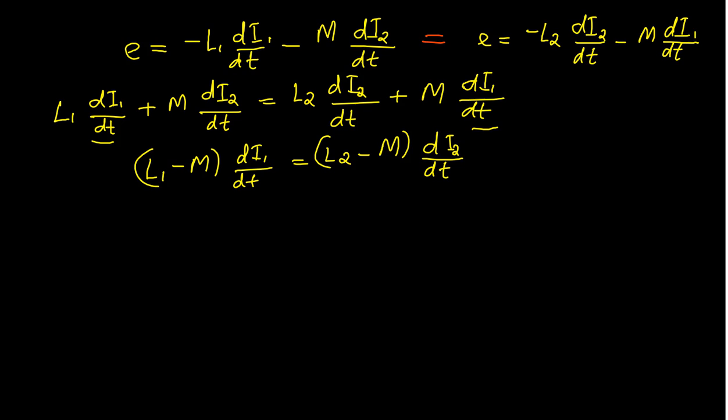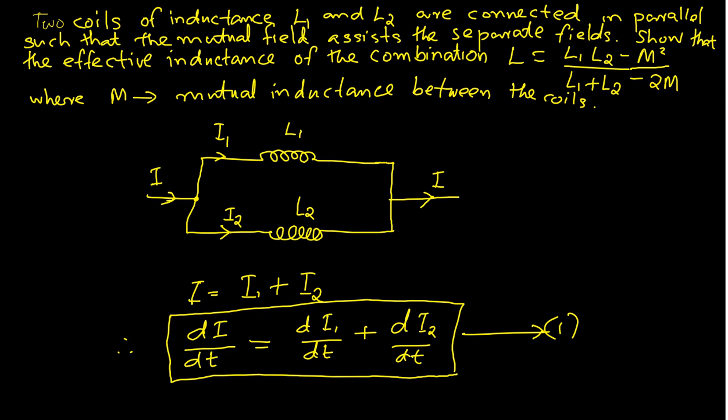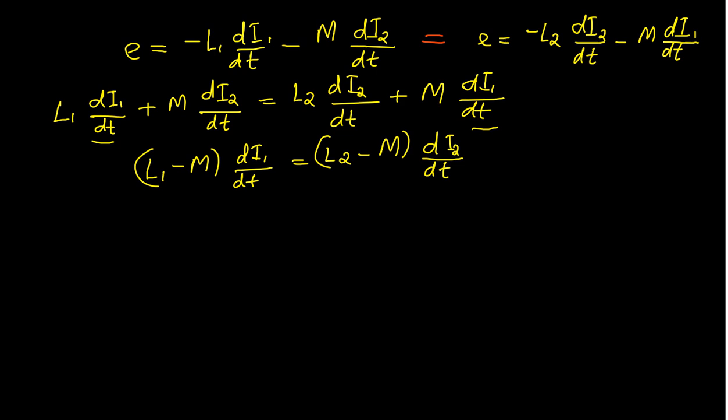Substitute this in equation number 1. Equation 1: dI by dt equal to dI1 by dt plus dI2 by dt.